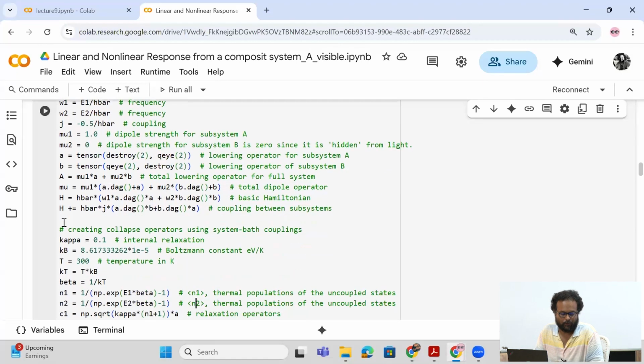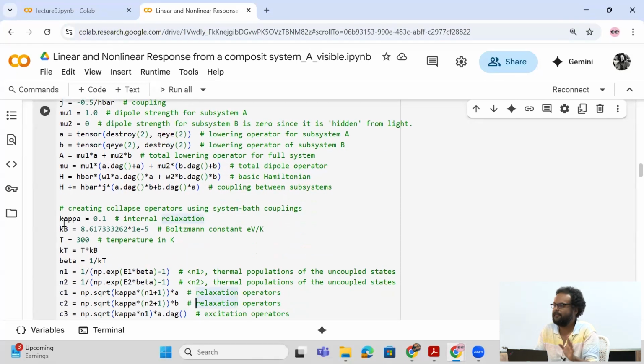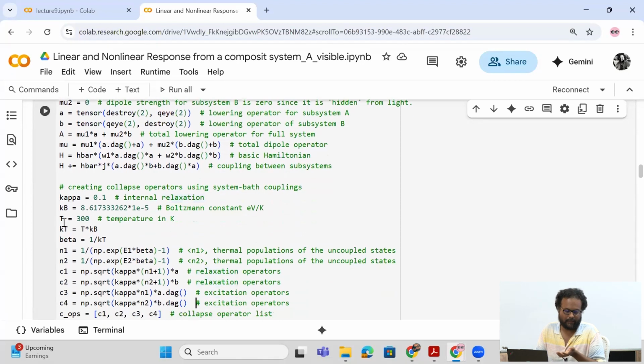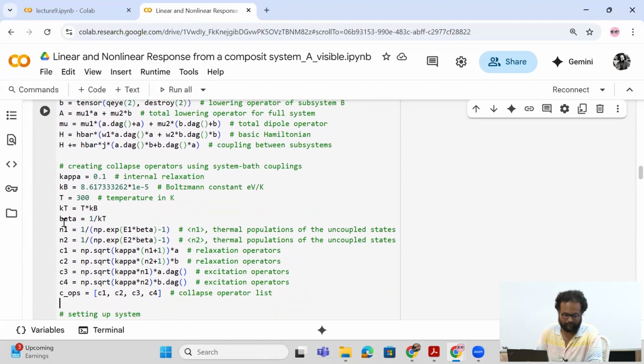I need to create my collapse operators. I do exactly the same way, but now I need to define 4 operators, because I have 2 different subsystems, corresponding to my lowering operator A and lowering operator B, with energies 1 and 1.1. Again, the same kind of relaxation operators. The only thing is I need 2 thermal populations here, N1 and N2, and then I create my collapse operator list.